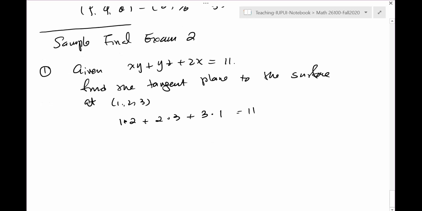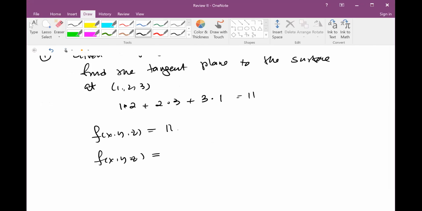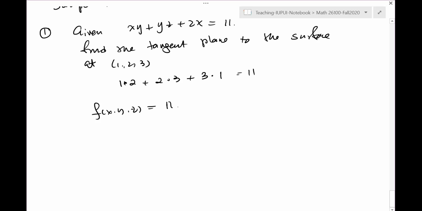Now, if you have a function in three variables, and then this is a level surface. So this is the level surface, and when you change it, let's put a constant k here in general.